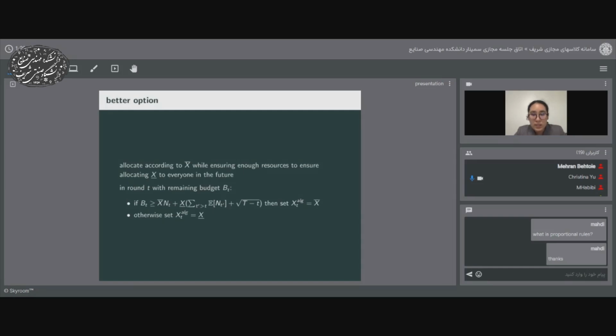So think of that as expected demand plus order root of capital T minus little t, which is the root of the number of rounds until the end. So if you have enough budget to allocate x upper bar to the people now and x lower bar to a conservative estimate of the people in the future, then you go ahead and allocate this more aggressive upper bound. Otherwise, you allocate conservatively according to the lower threshold.